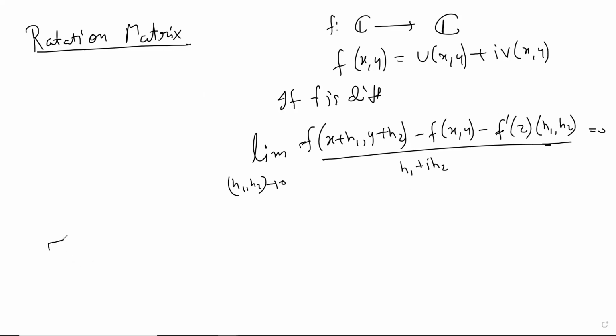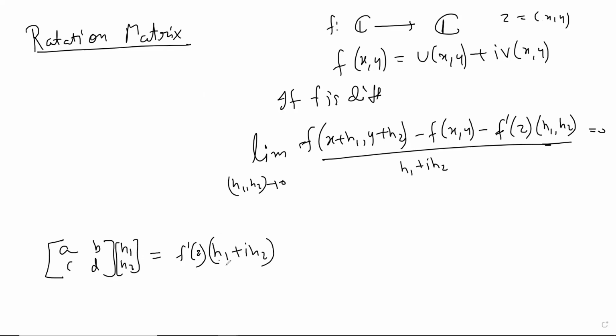So we wanted to have a matrix, let's say ABCD, times h1, h2, such that this result is f dash z. So z is fixed, equal to x comma y, equal to f dash z times h1, i h2. So can we figure out the matrix from here? Remember, f dash z is just a complex number.